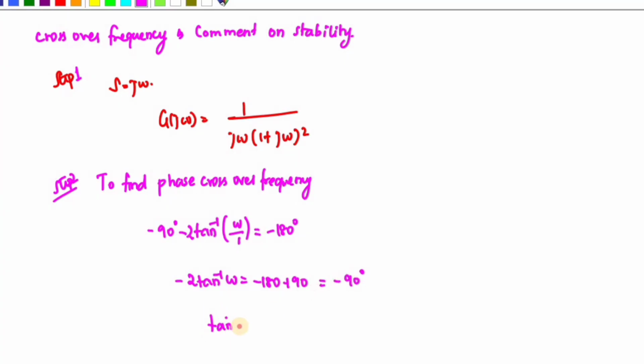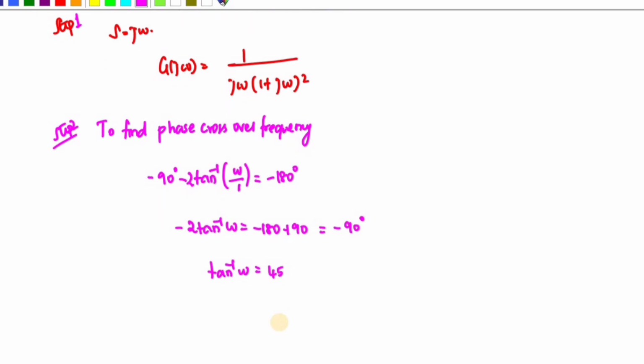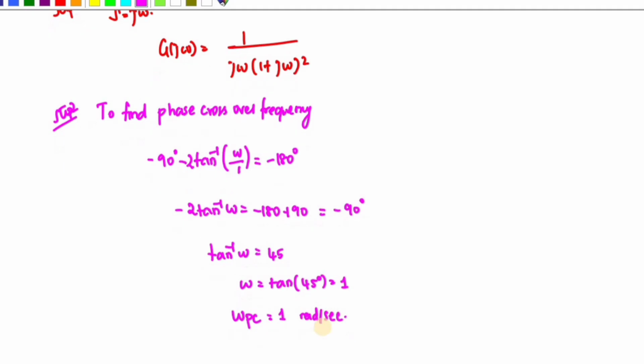So tan inverse of omega is equal to 45, so omega is equal to tan of 45 degree, that is equal to 1. So this is your phase crossover frequency, omega PC is equal to 1. The unit of omega PC is radian per second.